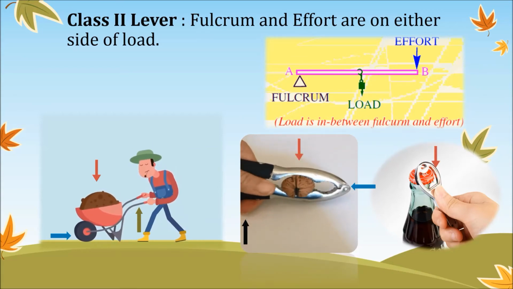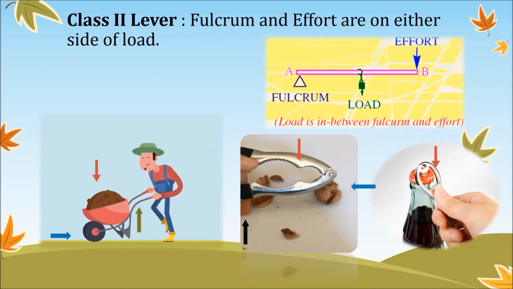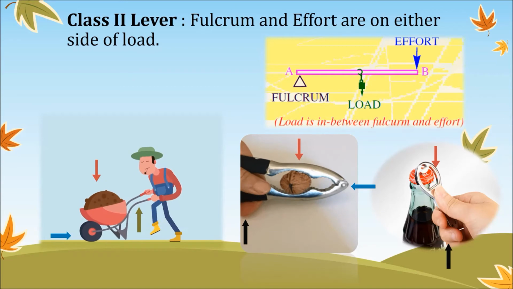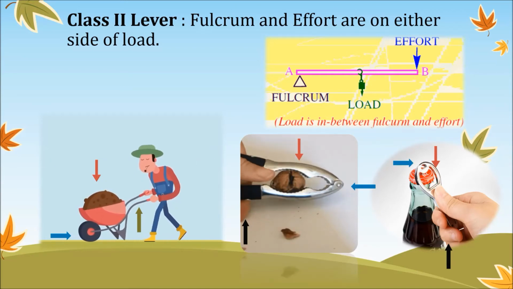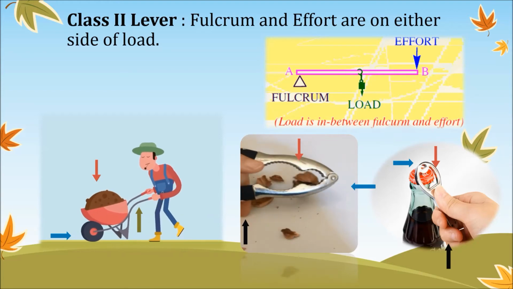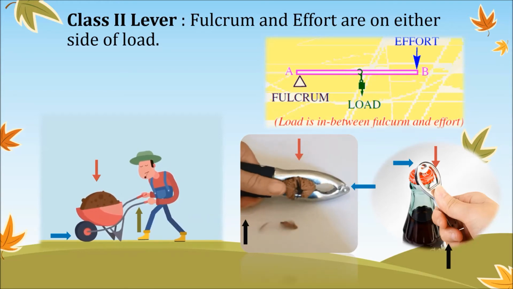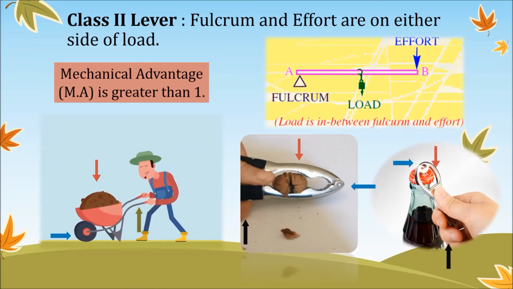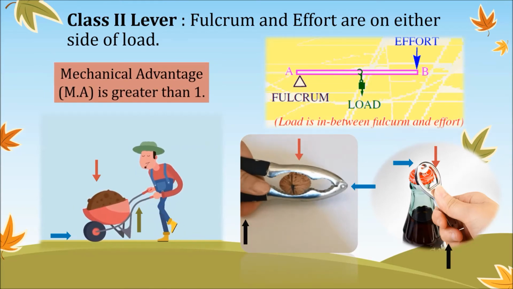Here is the load. The load is the cap. Here the effort is applied and this acts as fulcrum. The important thing to note here is the mechanical advantage of second order lever is greater than 1.